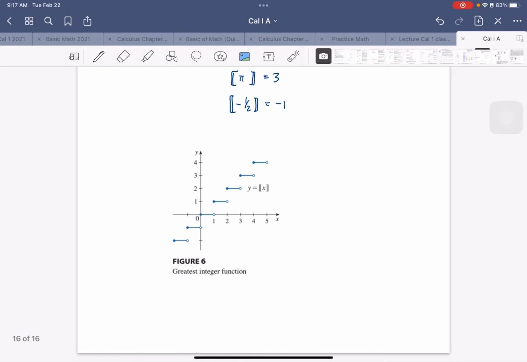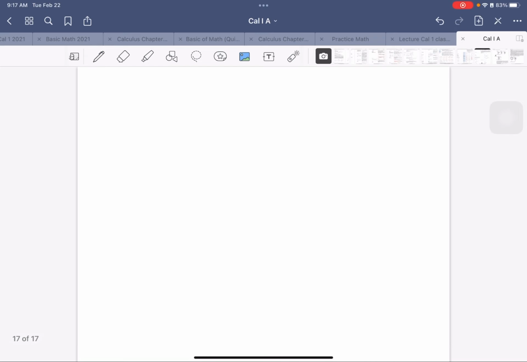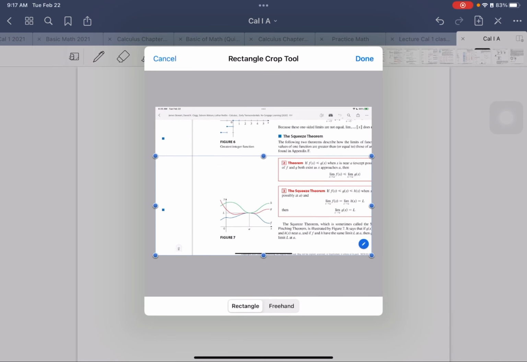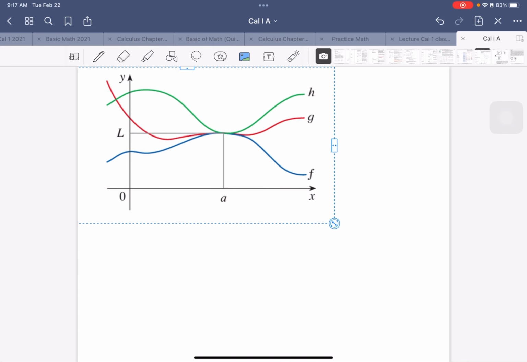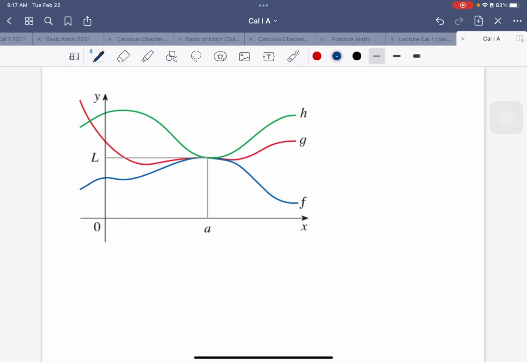Let me go through another slide. Now we move on to a theorem that is quite helpful to evaluate limits.